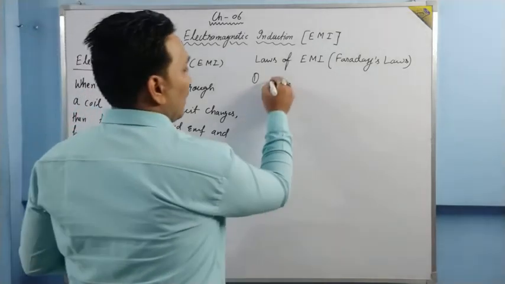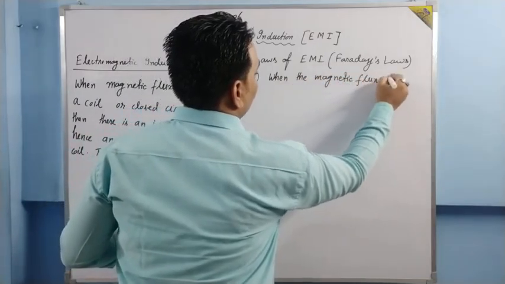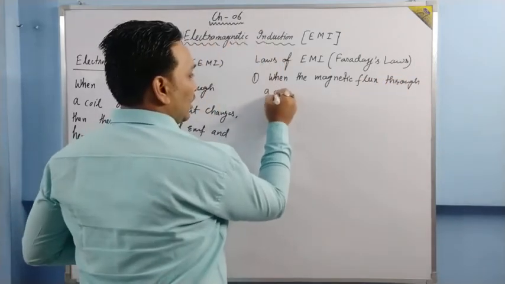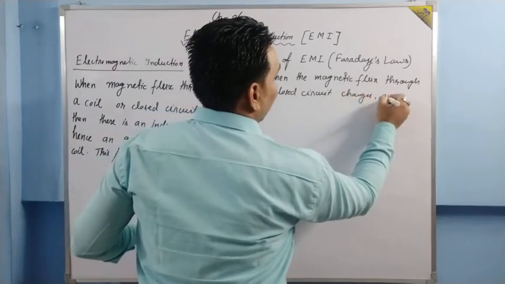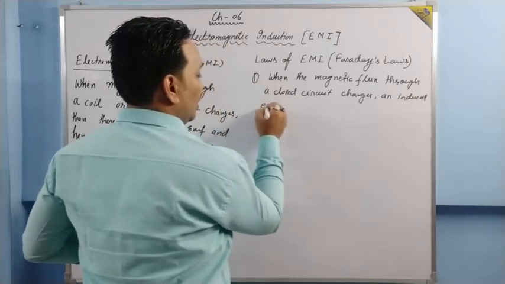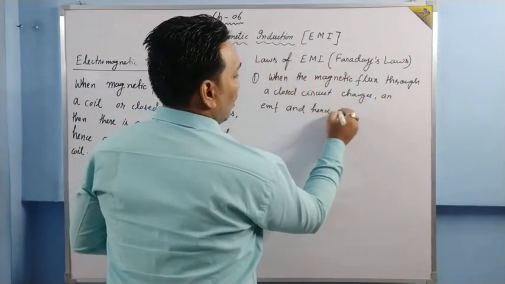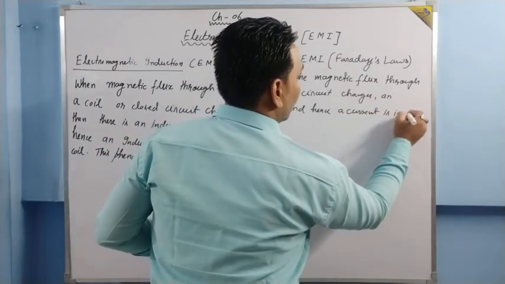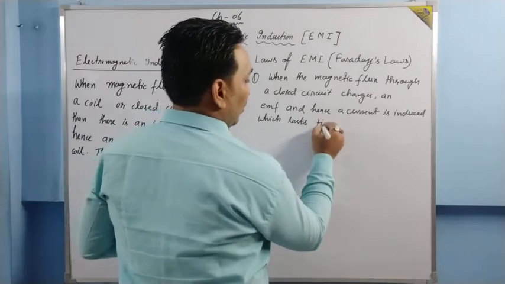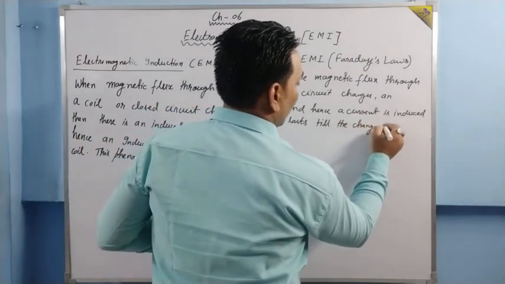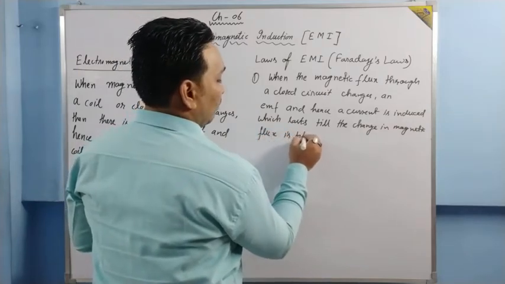The first law is: when the magnetic flux through a closed circuit changes, an EMF, and hence a current, is induced, which lasts till the change in magnetic flux is taking place.